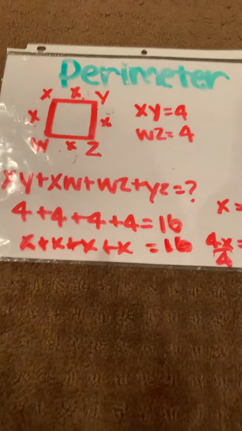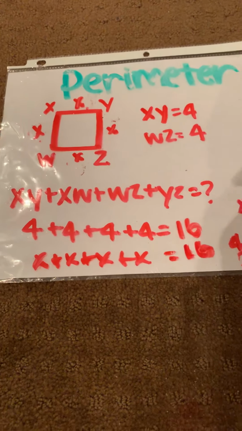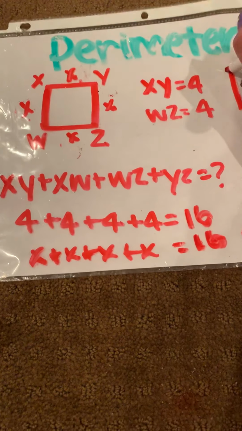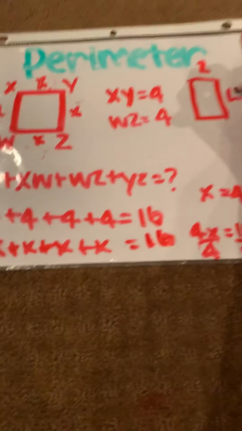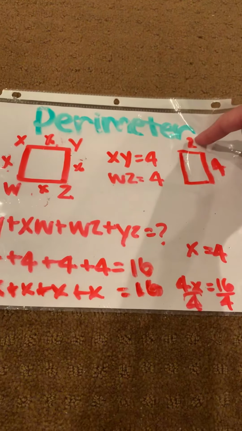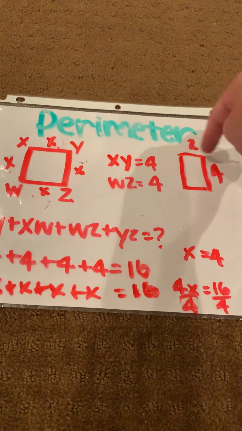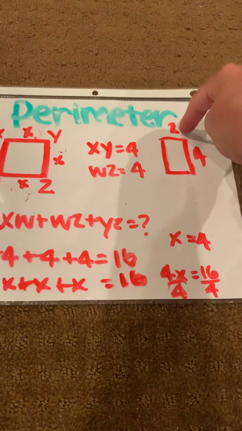And basically, a shortcut would be, if you had a rectangle, for example, let's say this here is 2 and this here is 4, you could double this 2, so make it a 4, because you're accounting for this length here and this length here.